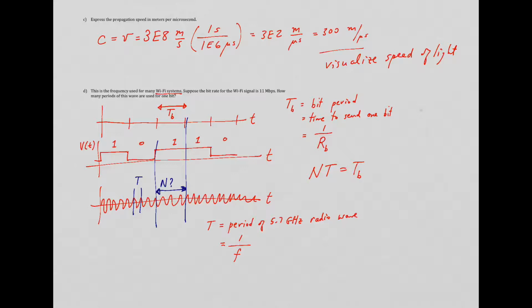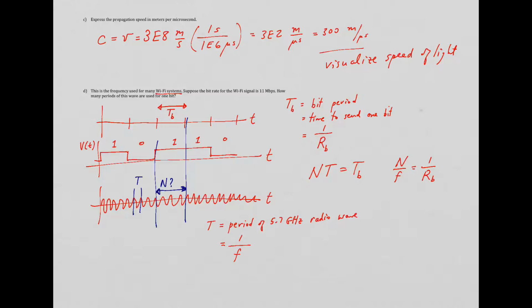So I can rewrite this equation: n times t, but t is 1 over f, and the bit period is 1 over the bit rate. I've substituted in 1 over f for the t, which leaves the n in the numerator and the f in the denominator. And instead of tb, I put 1 over rb.